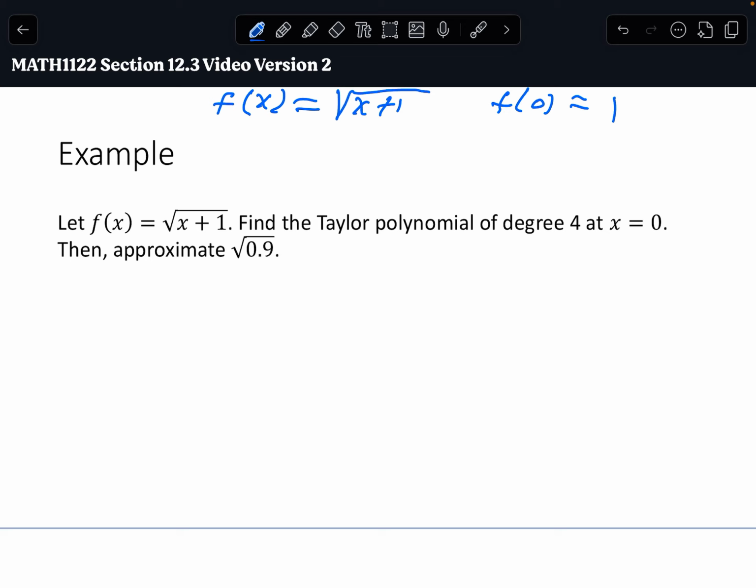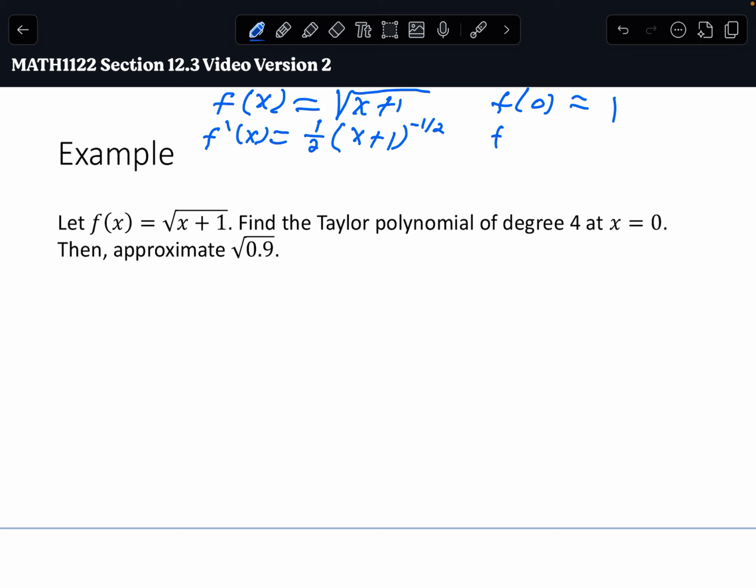So, the first derivative of this. I'm not going to write this too fancy since we're just going to be evaluating it. But the first derivative of f of x is 1/2 times x plus 1 to the negative 1/2.